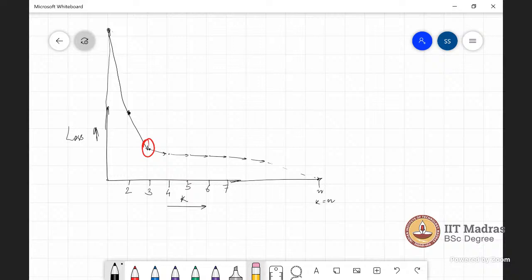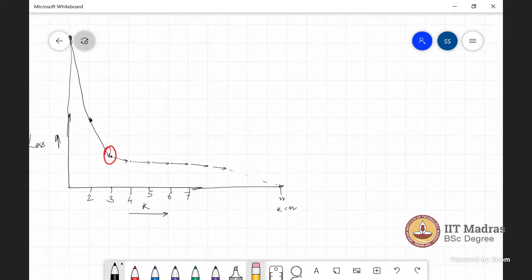So what are the advantages and disadvantages of k-means? The advantages are it's a very easy algorithm to implement, and it uses Euclidean distance, which sometimes can be an advantage and a disadvantage as well. The disadvantages of this algorithm: it is computationally very intensive. Second, we do not know the best value of k, so we have to repeat the same process many times and figure out the best value of k by looking at this chart.